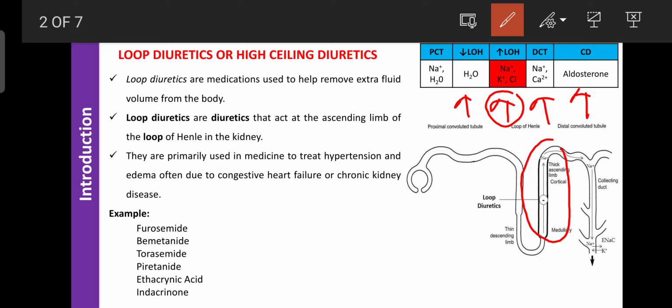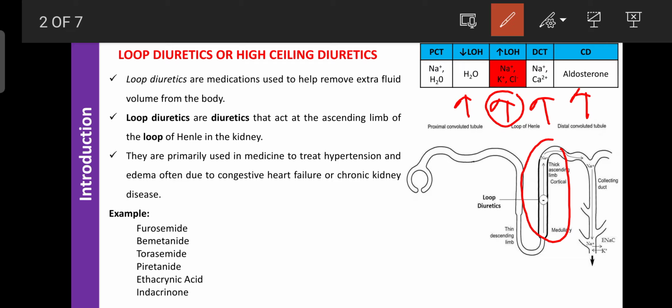Due to the inhibition of reabsorption, they cannot go back to the blood, and their concentration increases in the urine. As you already know, where the sodium concentration increases, the water level also increases.